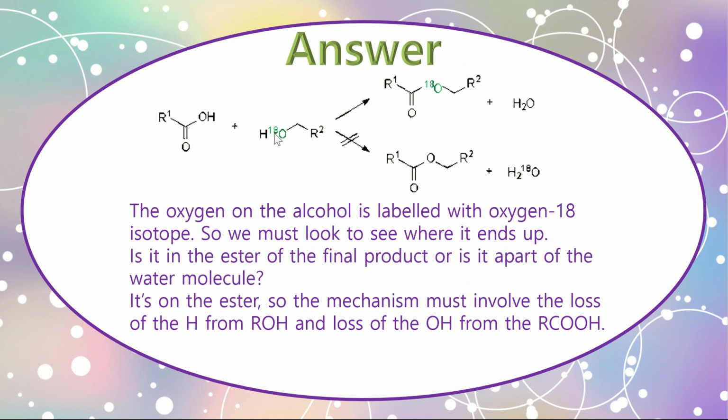It definitely told us that the bond formation is between the oxygen 18, the labeled oxygen, and this carbon here. So our mechanism must show the loss of water via this hydrogen and this OH.